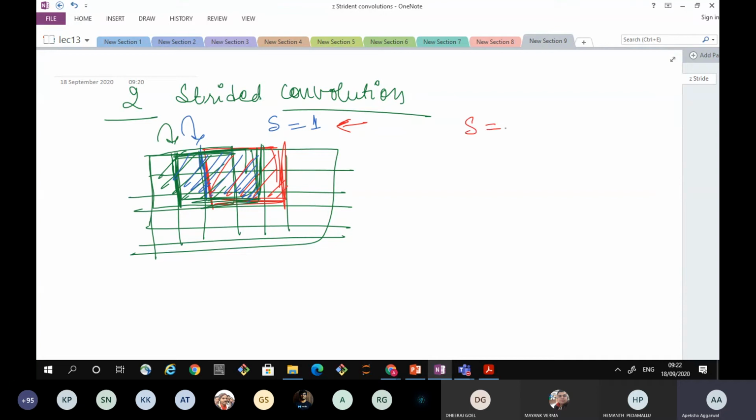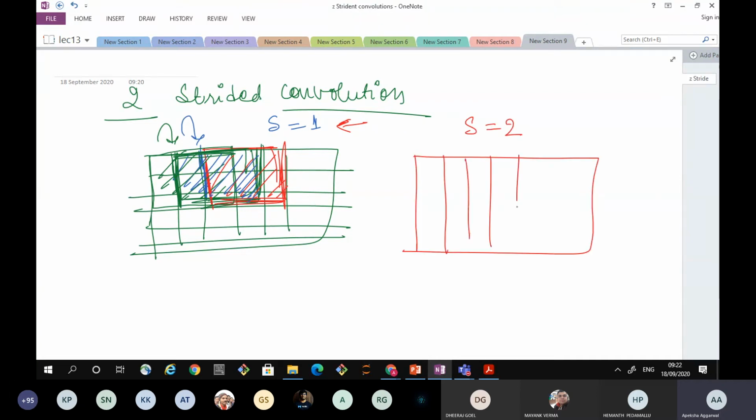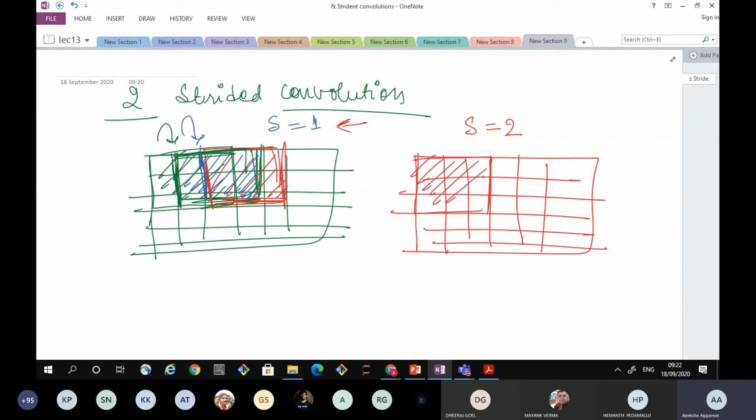If I set S equals 2 over my image, it will look something like this. My first filter would be at this place. Now if I'm sliding by 2 pixels, that is S equals 2, my next filter would be over here. So I am moving 2 positions to the right.